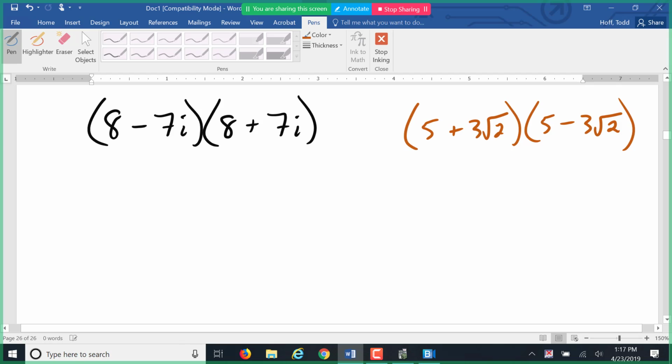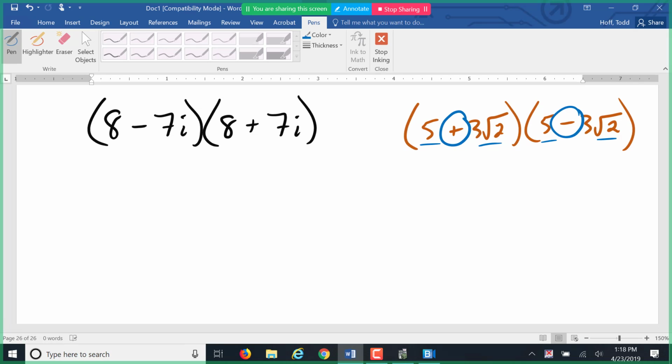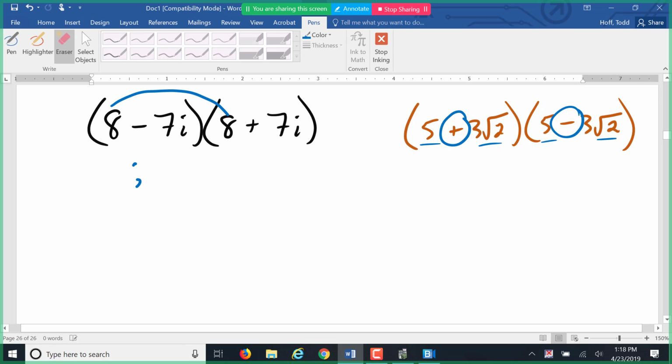This is a sum and a difference product. Same terms, 5 and 3 square roots of 2, just one is plus and the other is minus. Same thing here. Same terms, 8 and 7i. One's a difference and one's a sum. So we do 8 times 8 is 64. 8 times 7i is 56i.